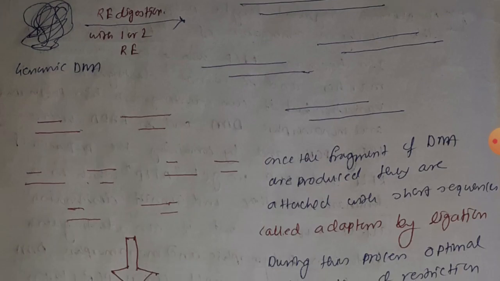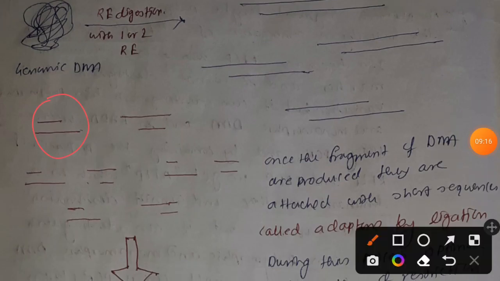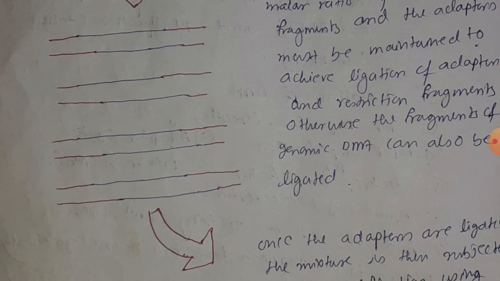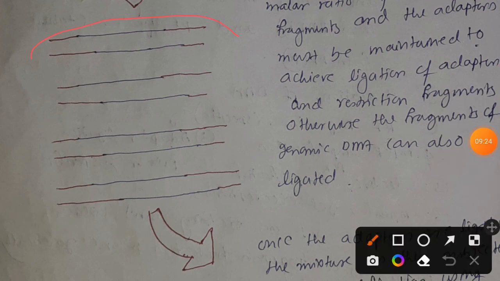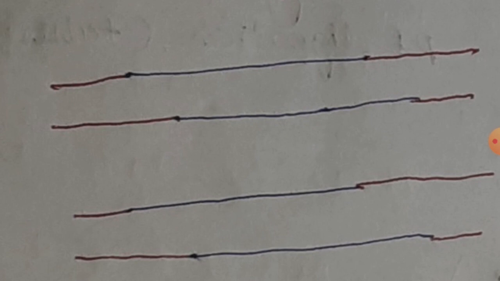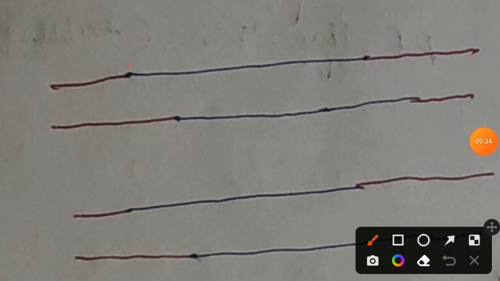If we use those ready-made staggered ends and join them, what will we get? We will get a blunt-ended DNA fragment, isn't it? If we zoom in on those blunt-ended DNA fragments, we can easily understand that at both ends of each fragment there are our adapters, right?